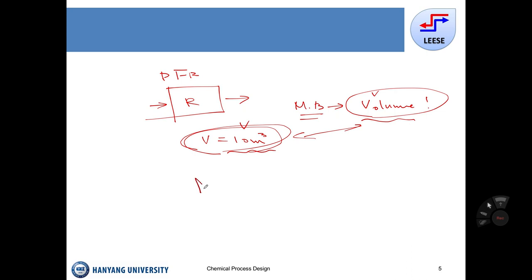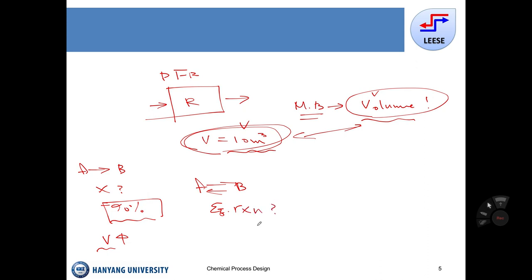So you might have done, let's say, the reactions. In the reaction A to B, I want to have a conversion of 90%. As long as I increase the volume of the reactor, I may be able to achieve 90%. But what about these equilibrium reactions? This equilibrium reaction is governed by the equilibrium condition, okay?